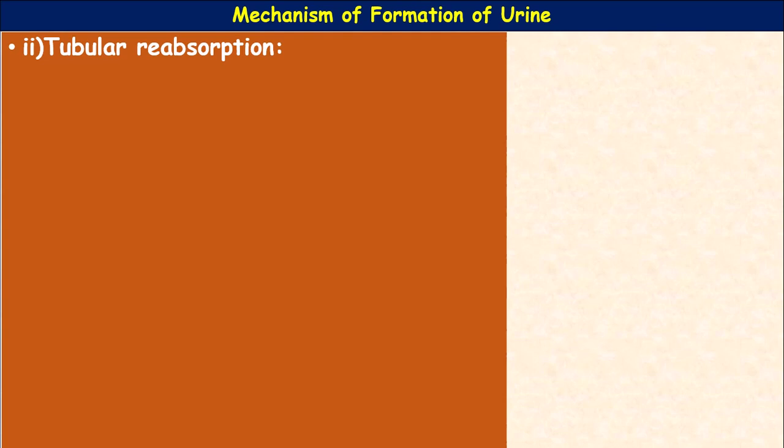The lining of the Bowman's capsule has a single layer of flat epithelial cells through which blood is filtered into the lumen of the tubule. The filtrate formed in the tubule is known as glomerular or nephric filtrate. In the glomerular filtration, whatever filtrate is formed is called a glomerular filtrate or nephric filtrate.